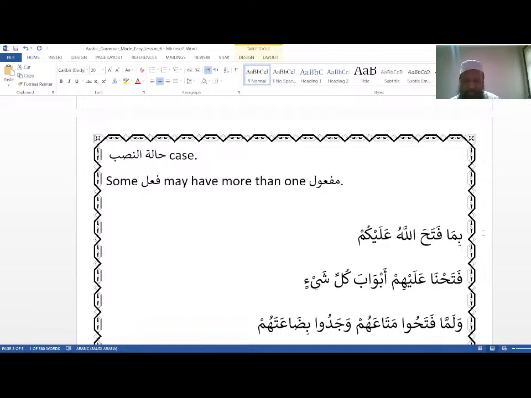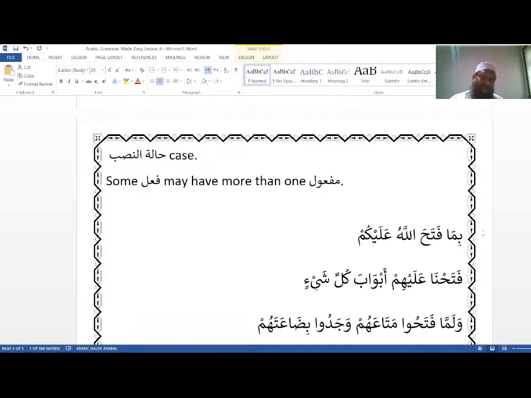Find the fa'il here. The same sigha as fatahu. Fatahu, wajadu. Yes, the waw is the fa'il. They found. Wajada, to find. They found bida'atahum, their goods.